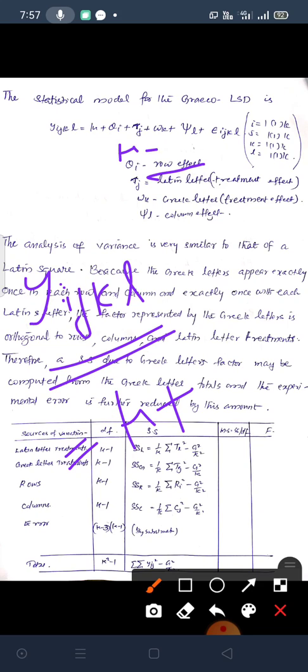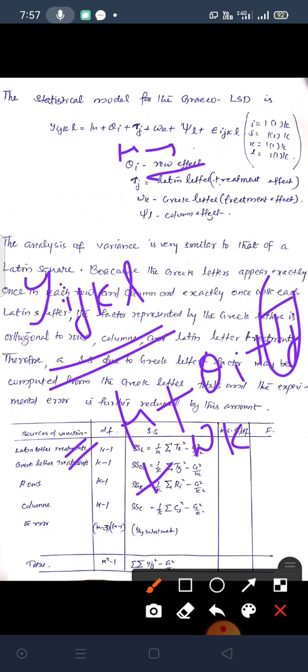Mu is the general effect, plus theta_i the row effect, then the column effect tau_j, then the Latin treatment effects represented by Latin letters, and omega_k is the treatment effect for treatments represented by Greek letters. Then phi_l is the column effect.